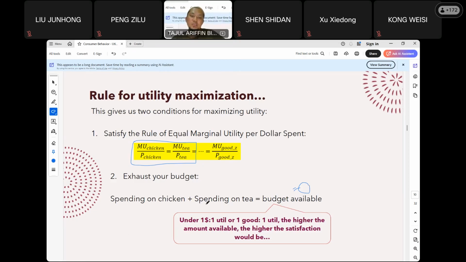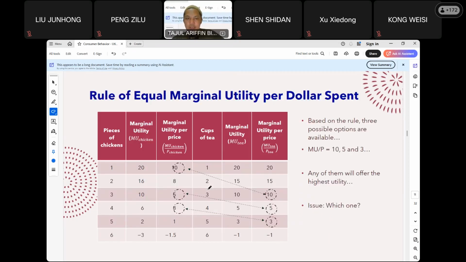So with these two rules, let's check whether they have to consume both or only one, and if both, how many, and if only one, how many. Right, let's go. The first rule: MU over P must be equal. So we check 10 here, we have 10 here. One possible combination is 1 chicken, 3 cups of tea.